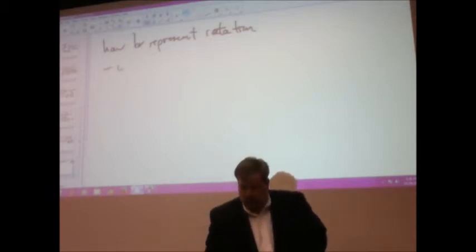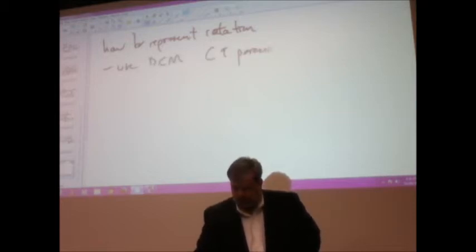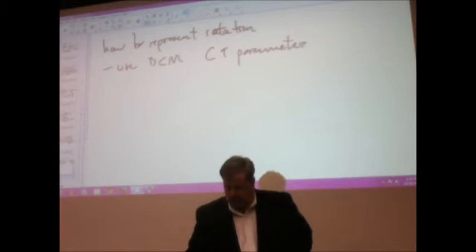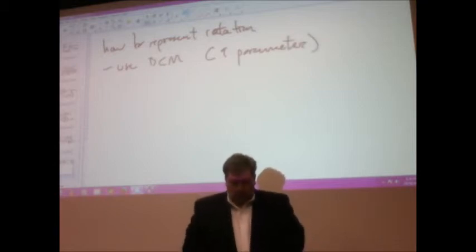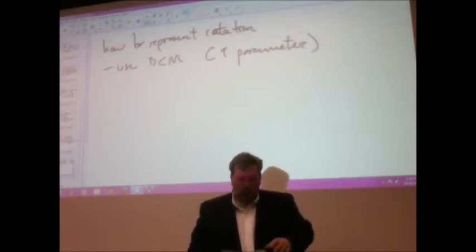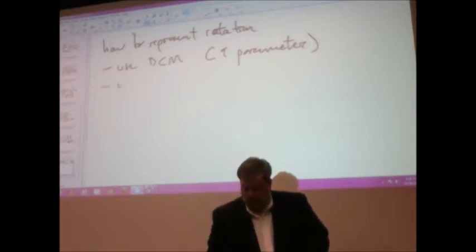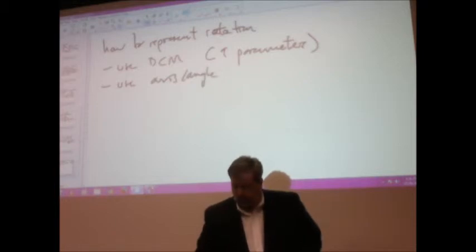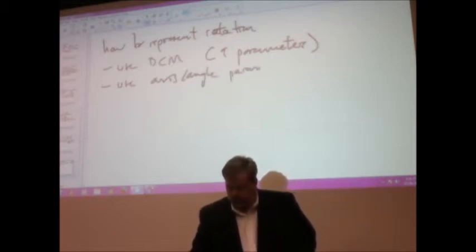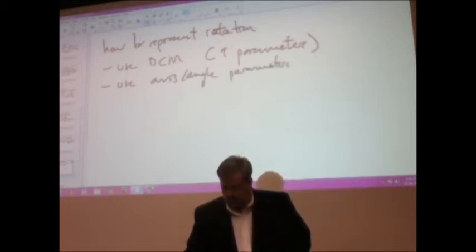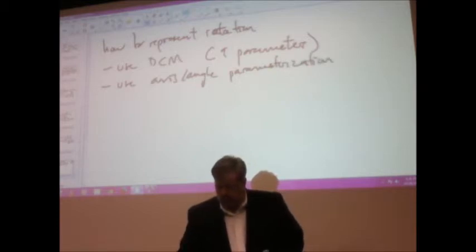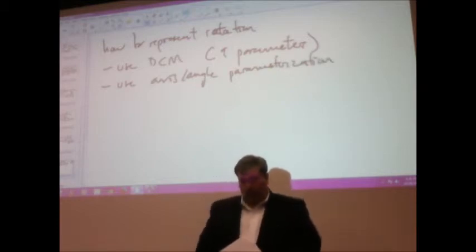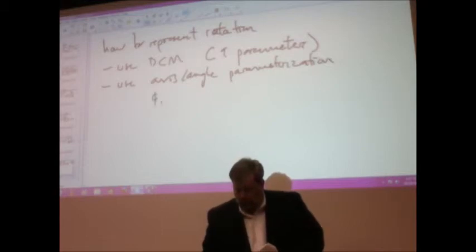You could use the direction cosine matrix, which has 9 parameters. You could also use the axis angle parameterization, which is 4 parameters, right? So that's phi and a, which is 4 parameters.